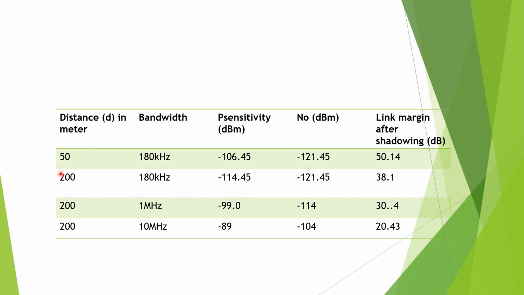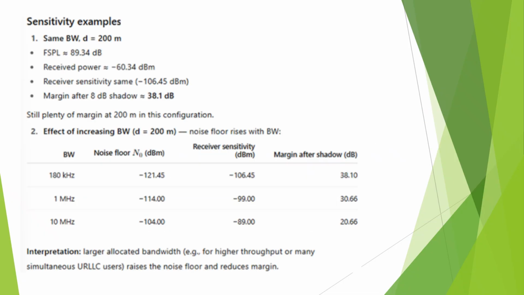And for scenario B, 200 meter, with two different bandwidths, 1 megahertz and 10 megahertz, the receiver sensitivity and the link margin value. Link margin decreases as the bandwidth increases. After shadowing it also decreases.